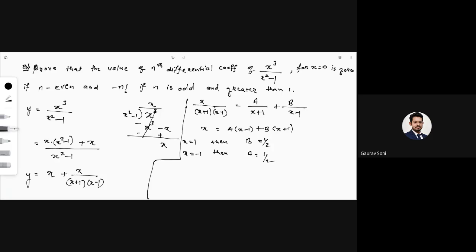Okay. So what do we have? y is equal to x plus 1 by 2 in bracket 1 upon x plus 1 plus 1 upon x minus 1. We have got this.